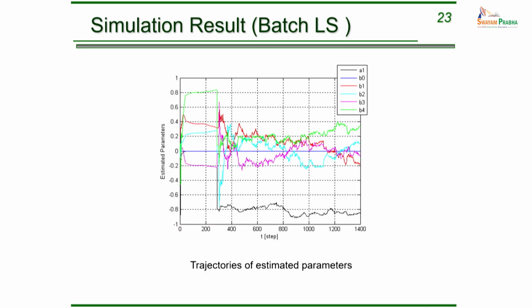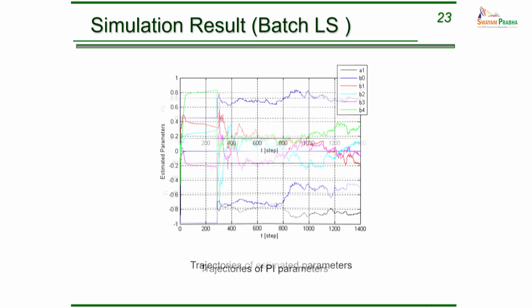Okay, here are the parameters that are estimated online, the trajectories of the parameters, and what you notice is when the change happens, the parameters have a lot of variability.